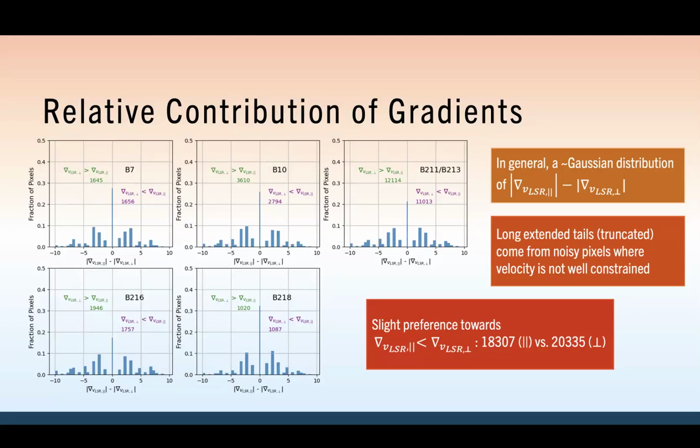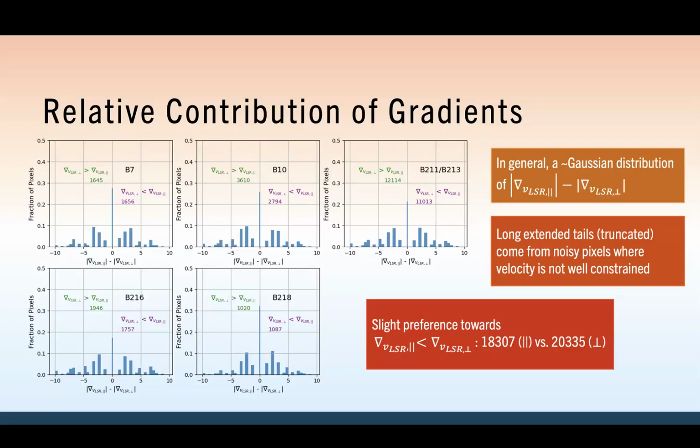So just decomposing those gradients into the parallel and perpendicular directions. In general, it's pretty close to a Gaussian distribution with these lines in the middle representing all pixels that have the exact same magnitude of the parallel and perpendicular components. So the difference between them is 0.